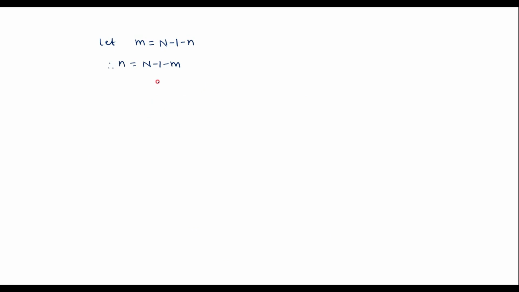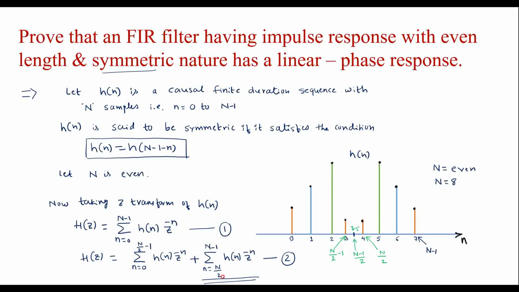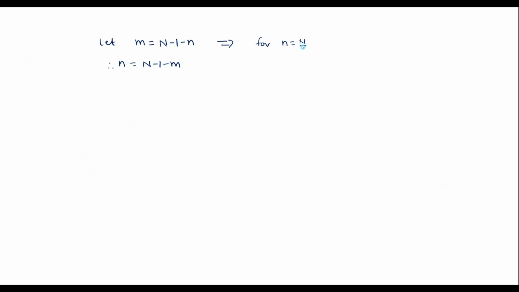So if I try to replace this with m, in that case I can say for n is equal to N by 2, the m value will be equal to N minus 1 minus n. So this n is nothing but N by 2.